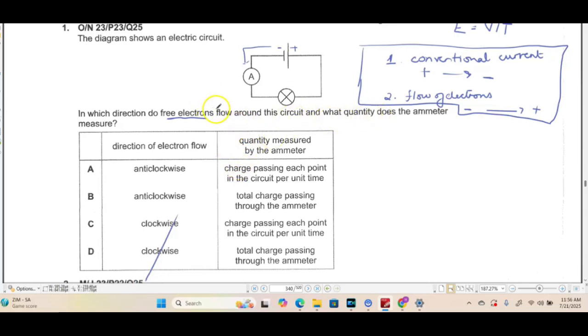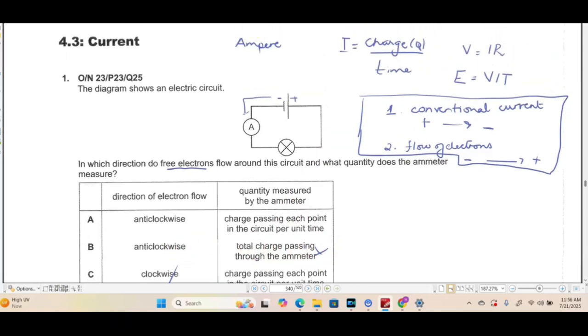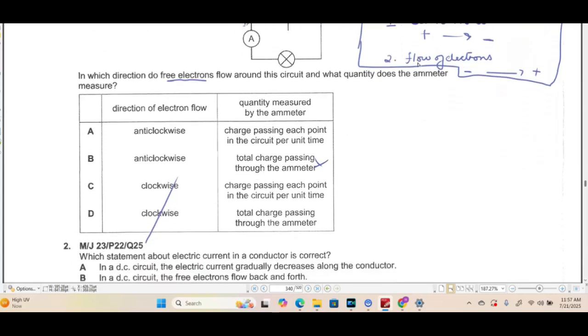Ammeter basically measures current. So what is current? That is charge passing each point in the circuit per unit time. So A is going to be our correct option over here.